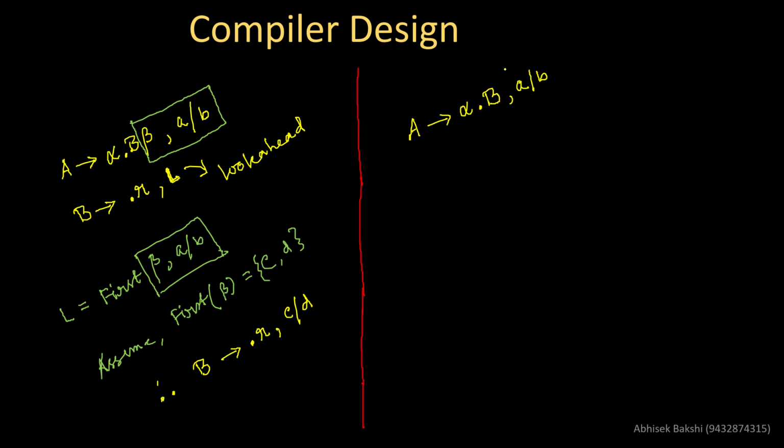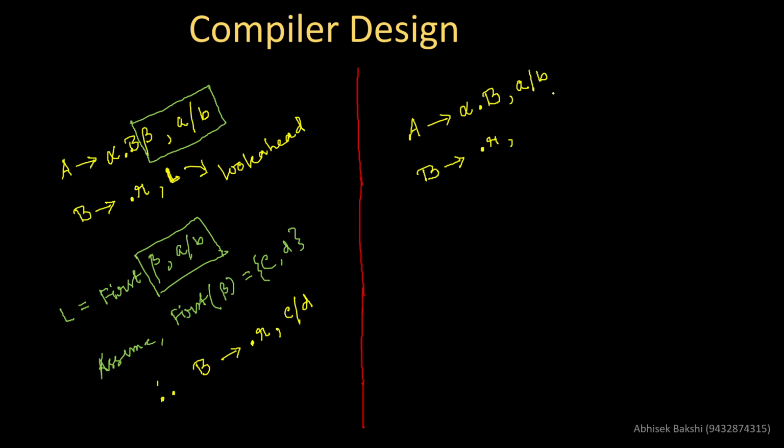If I have something like this, definitely because of this dot before capital B, I have to find the closure of capital B. That means I have to add all the production rules where B is on the left hand side, and assume that I have only one production rule, that is B to R. So I will write B to dot R, and what will I have in the lookahead?